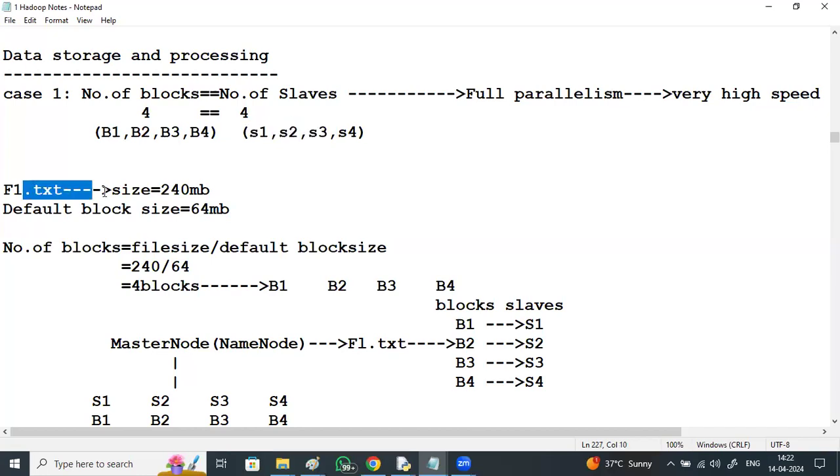I've got a file f1.txt with 240 MB. Default block size is 64 MB. Assume the number of blocks is the file size divided by the default block size. 240 by 64 means nearly you are going to get 4 blocks, B1, B2, B3, and B4.